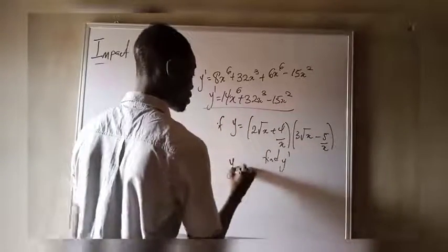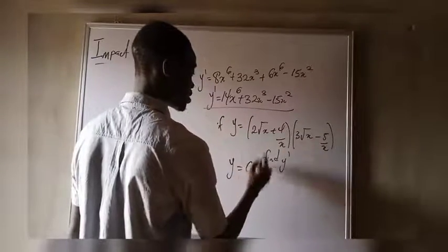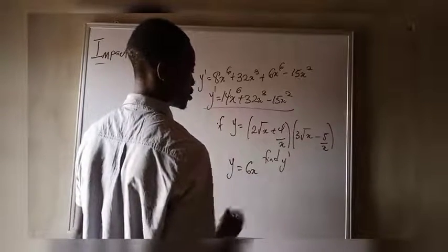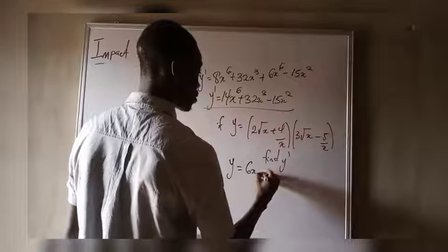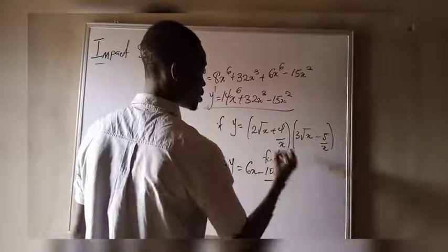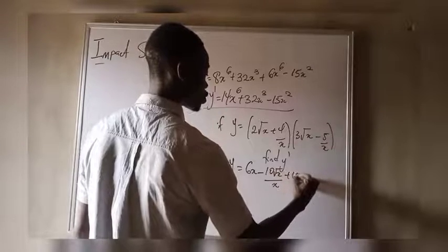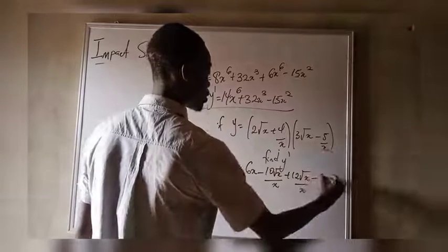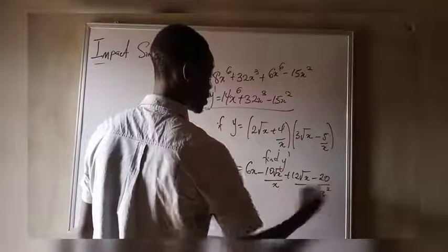So if you expand this, this will give us 6x, this time minus 10 root x over x, this time plus 12 root x over x, this time minus 20 over x.